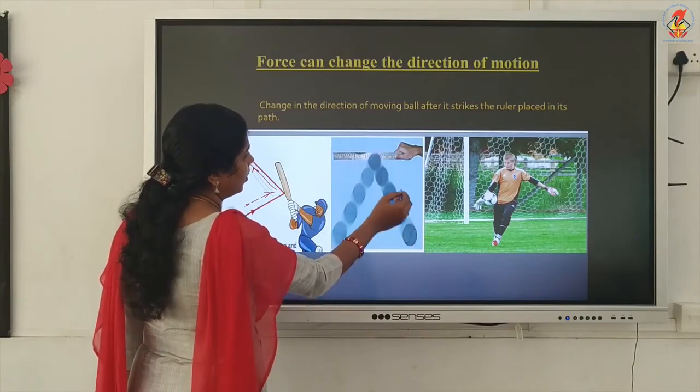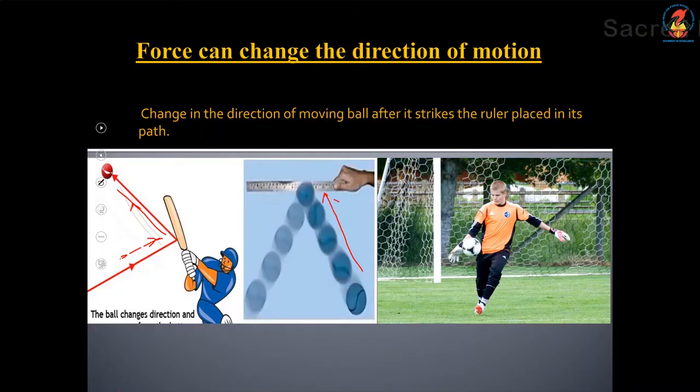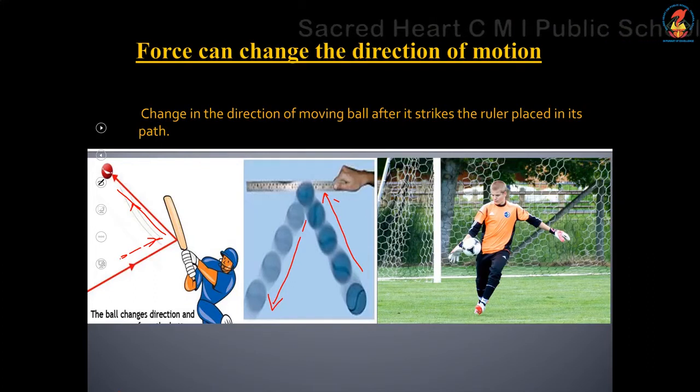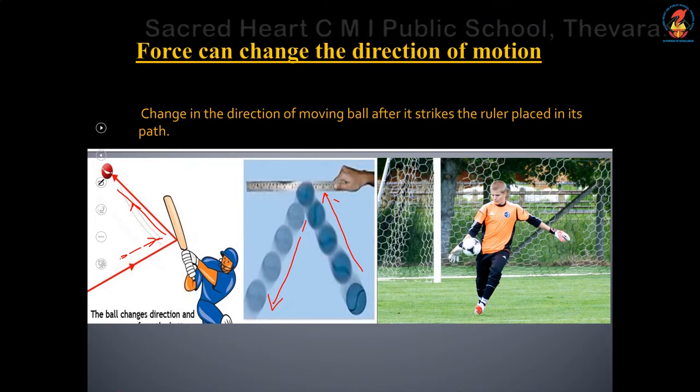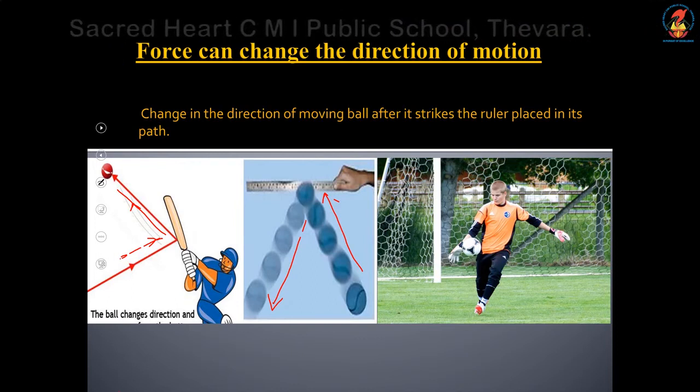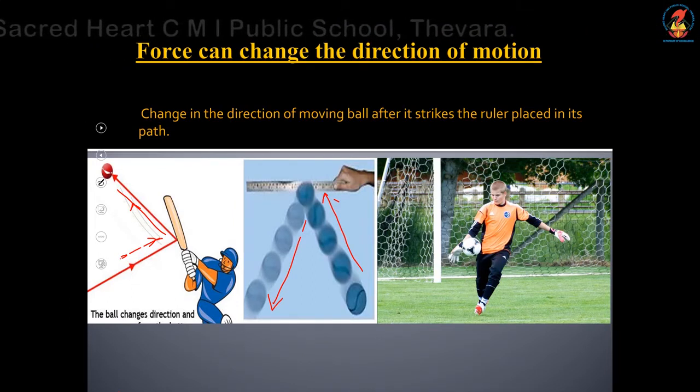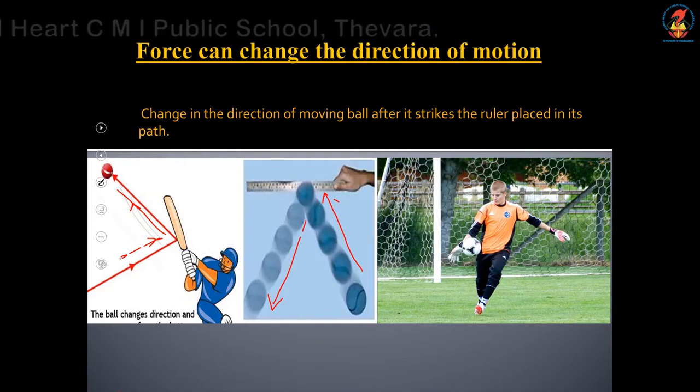The ball will move in this direction and hit the scale, and it will change its direction in this way. Here, this goalkeeper also is changing the direction of the ball by applying the force. So, a force can change the direction of the moving object.